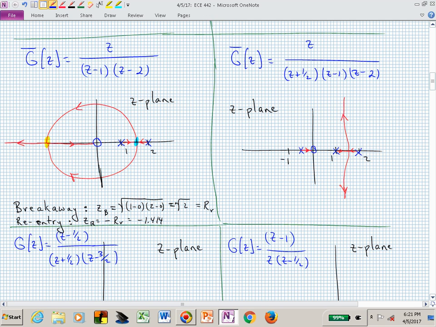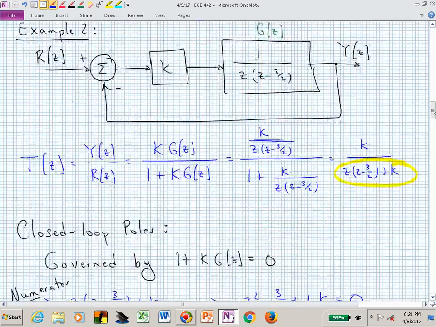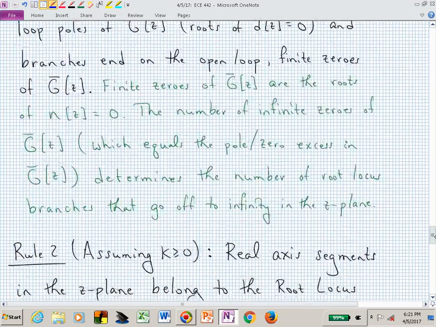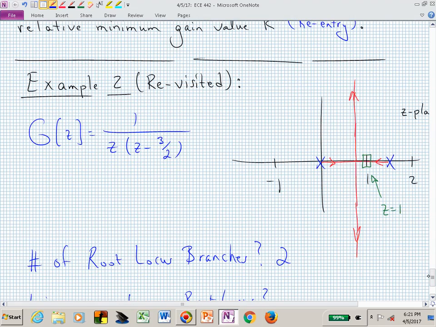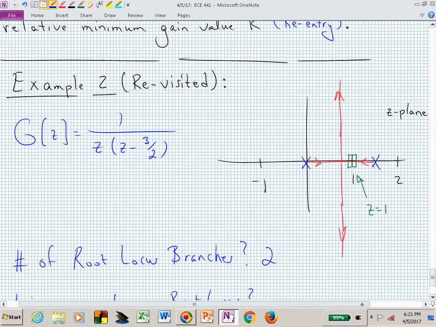Breakaway, re-entry, or both? There we just have a breakaway, don't we? That's rule number 3, and we'll figure out how to use that in our discussion in a little bit.